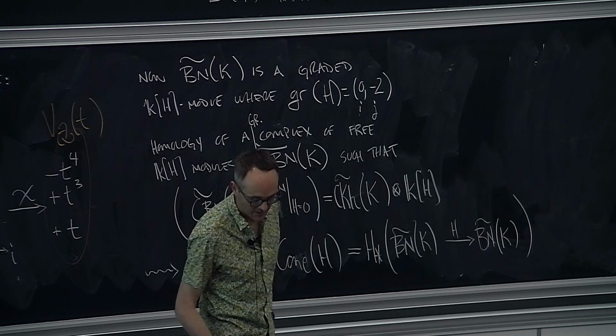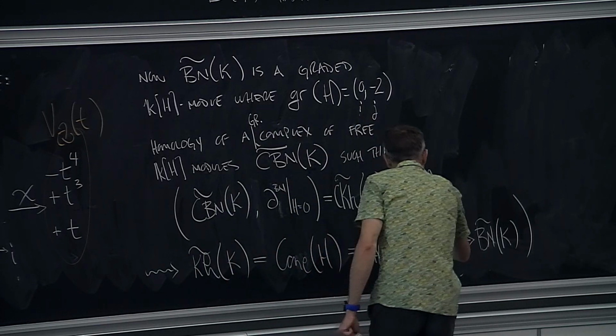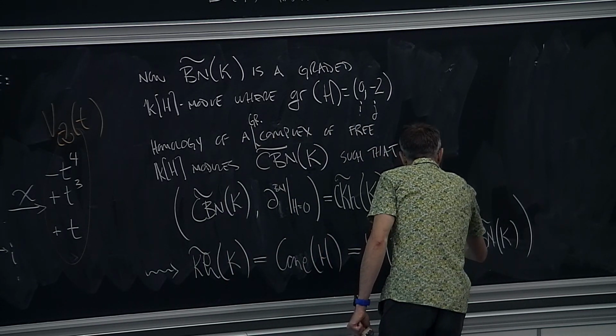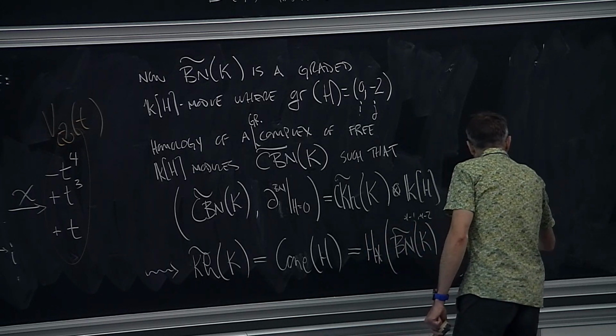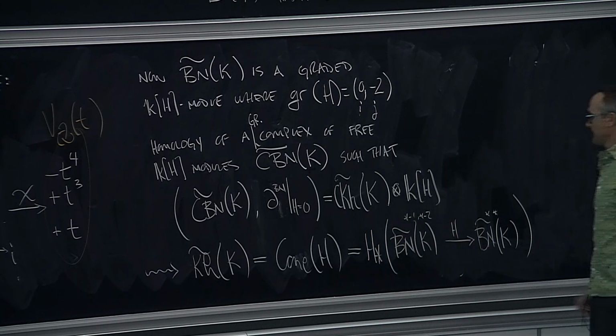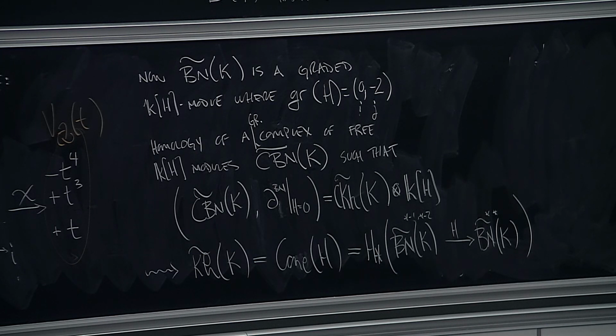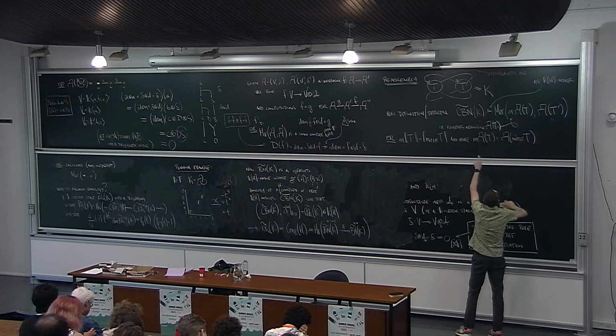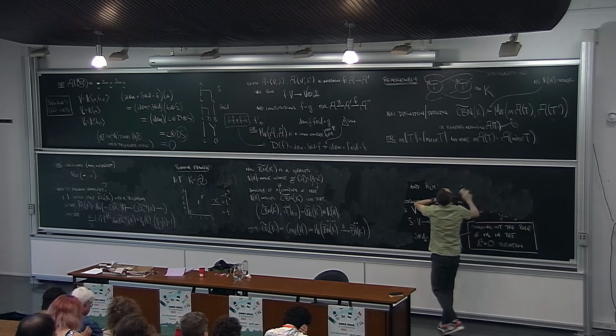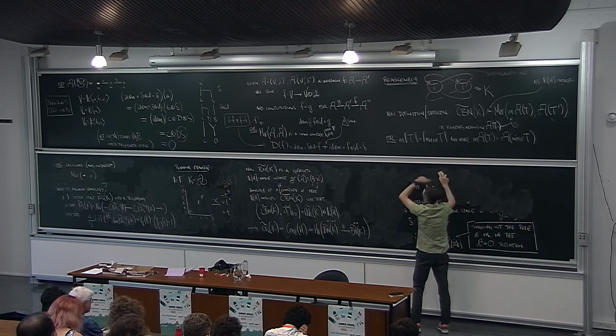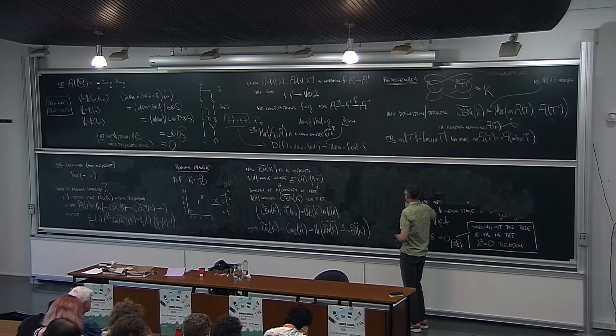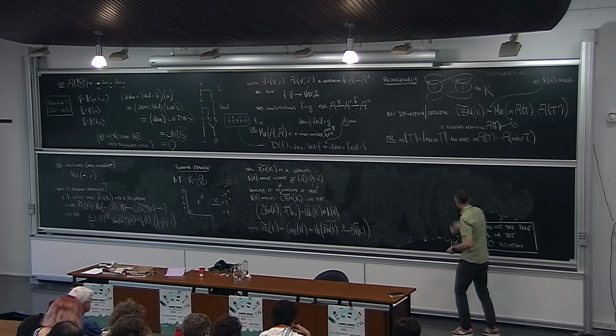H has to shift things around because H drops quantum grading by 2. Okay, so the moral of the story here is that you can draw CBN. Once you have CBN, you can take a cone on the H action and get the reduced Khovanov homology back out.